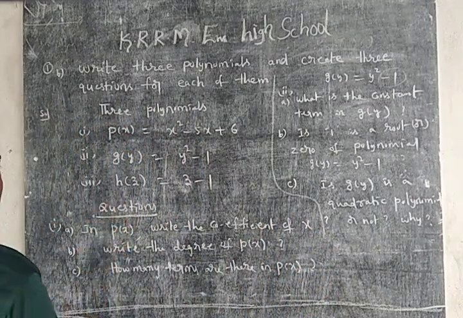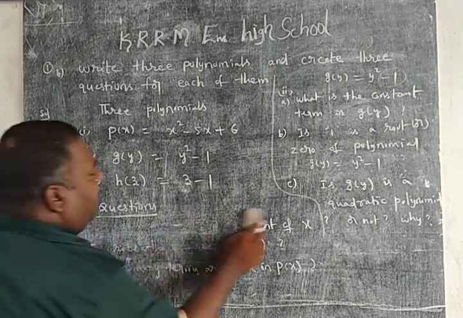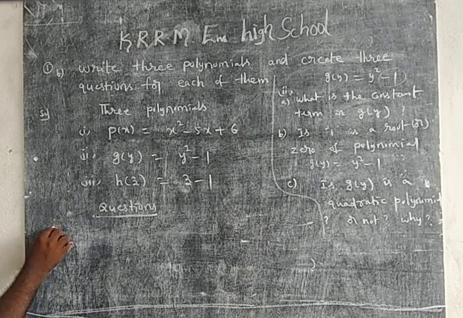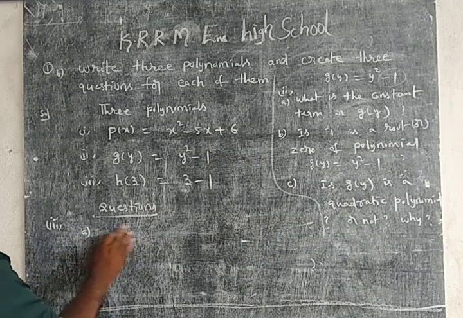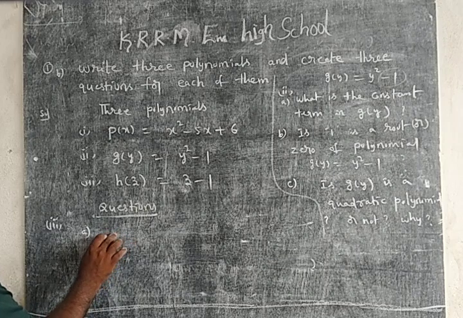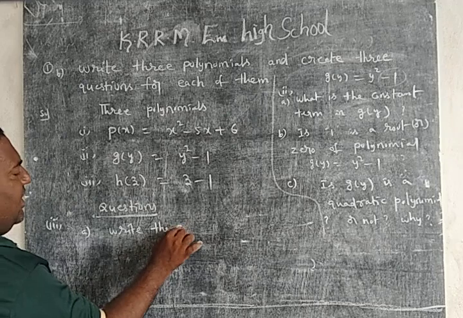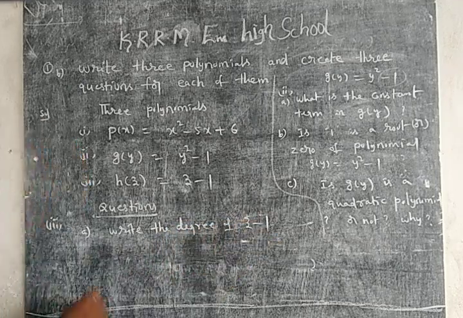Third polynomial is h of z, h of z equal to z minus 1. First question: A, write the degree of z minus 1.